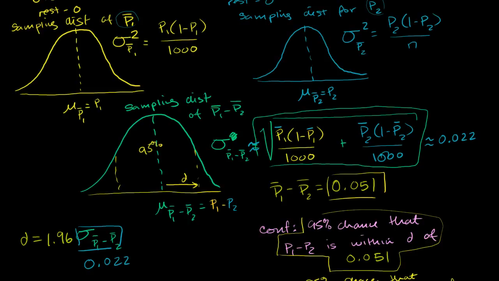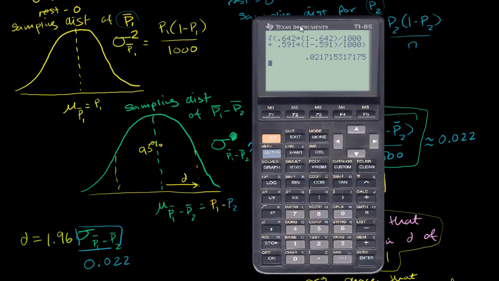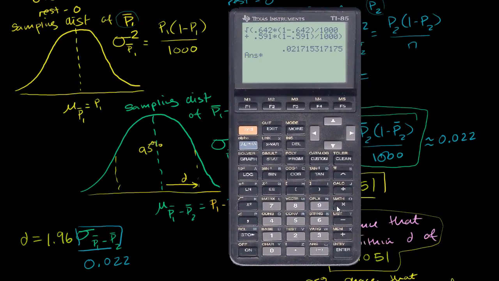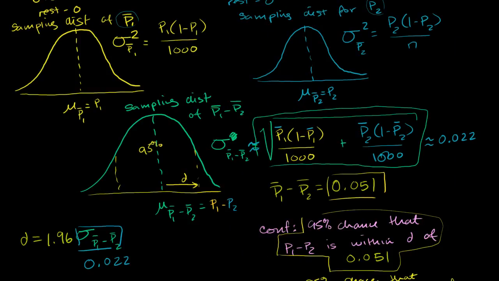So let's just multiply that. 0.022 times 1.96 gives us 0.043. I'll just round it. So this right here is equal to 0.043. And just like that, we have our confidence interval.